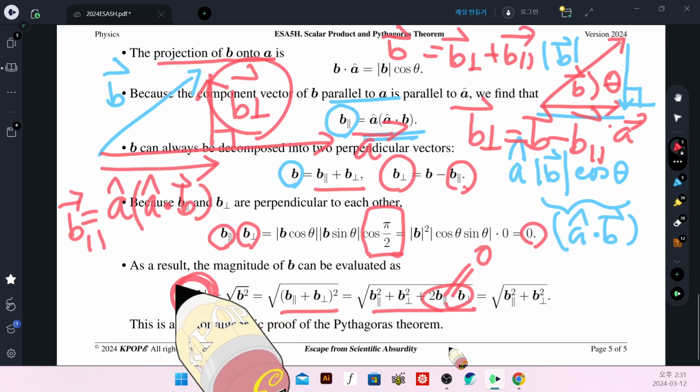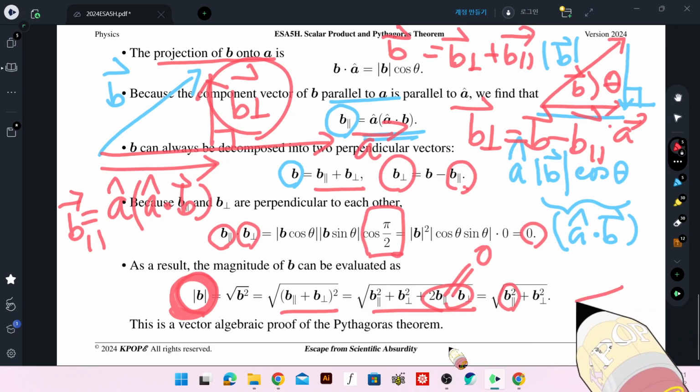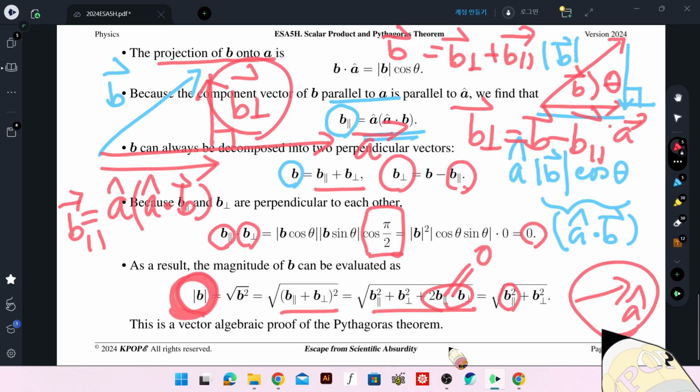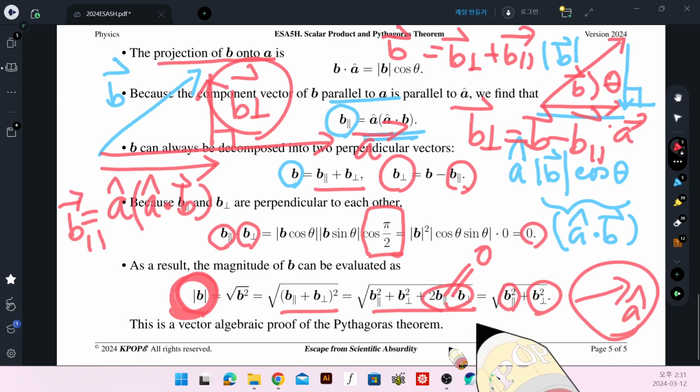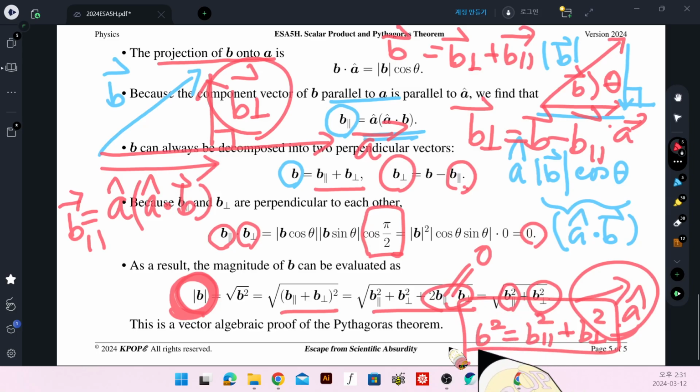Therefore, the magnitude of a vector is the square root of the square of the component parallel to a fixed direction plus the square of the perpendicular component. If I square both sides, B squared is B parallel squared plus B perp squared. This is nothing but the Pythagoras theorem. That's it for today. Thank you.